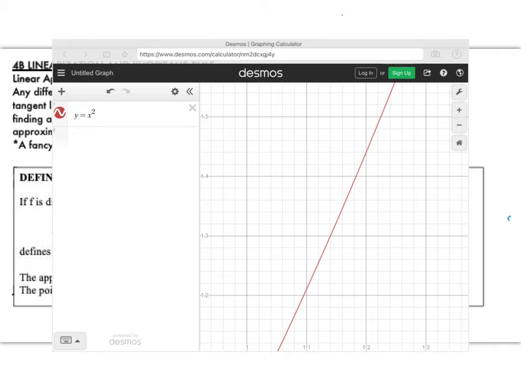So the fact that this is straightening out is an indication that we've got a function that is what's called locally linear. As we get closer and closer zoomed in, this curve is going to straighten out, and a tangent line approximation is going to be really faithful to an approximation for what the function is.